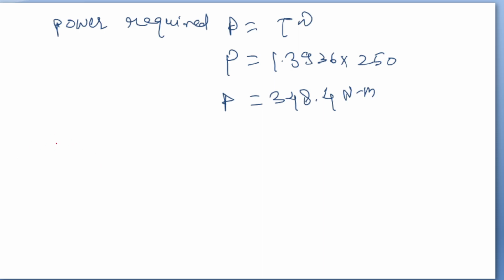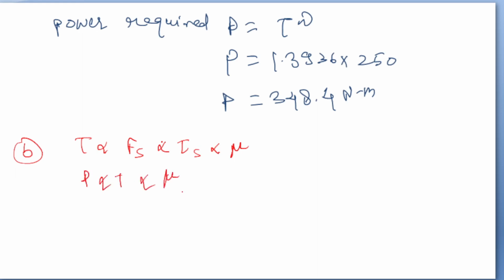So we know the torque is proportional to the force and shear force, and shear force is proportional to the shear stress, and this is proportional to the viscosity. So power, being proportional to torque, will be proportional to the viscosity.